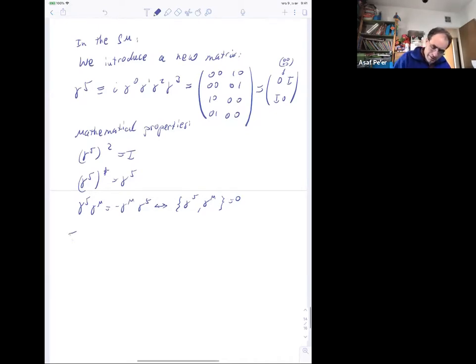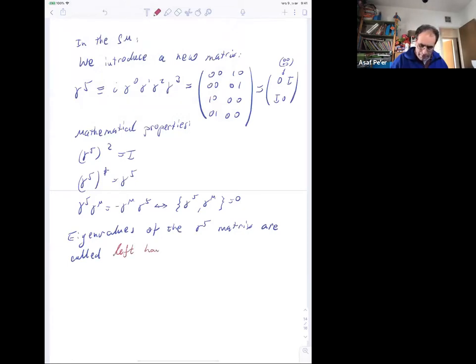So eigenvalues of the gamma 5 matrix are called left-handed and right-handed chiral states.